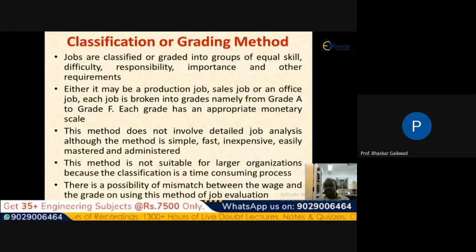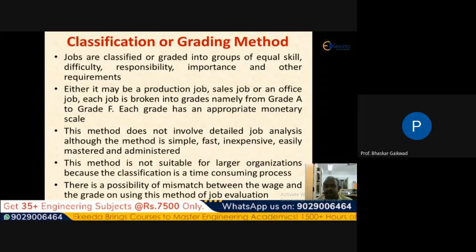So for A, B, C, D, E, F, for each and every grade, I am going to fix the appropriate wages. But this is not going to involve a detailed job analysis; it's going to be a simple one, because the effort, skills, and difficulties are going to be the same. I just grade from A to F based on the jobs that have been broken into grades.